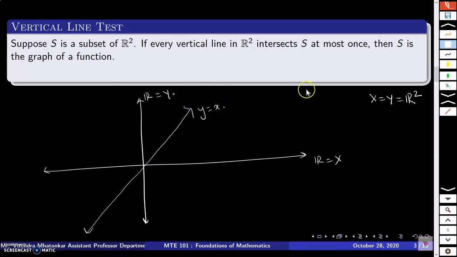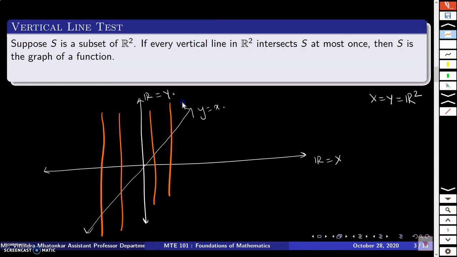Now, if you draw any vertical line here, vertical meaning parallel to the y-axis, that line will cut this line at most once. In fact, it is cutting exactly once. No matter which vertical line you draw parallel to the y-axis, it will cut the line y equal to x at one point.